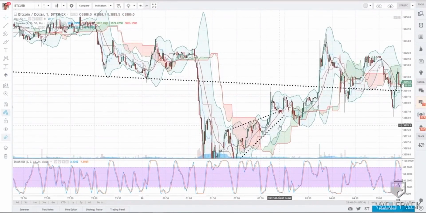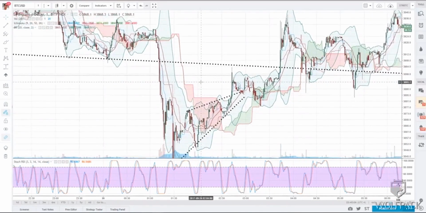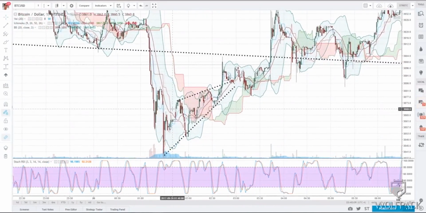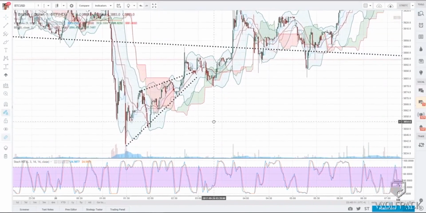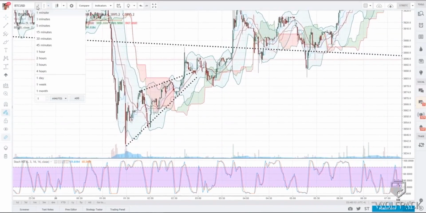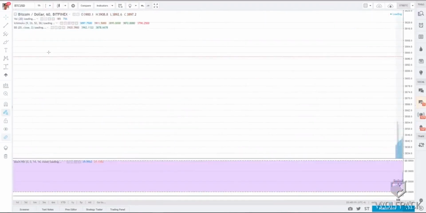And the reason why it's volatile, like I said before, is because most people watch, I think, the number one viewed candlestick time span, which is the 1 hour.